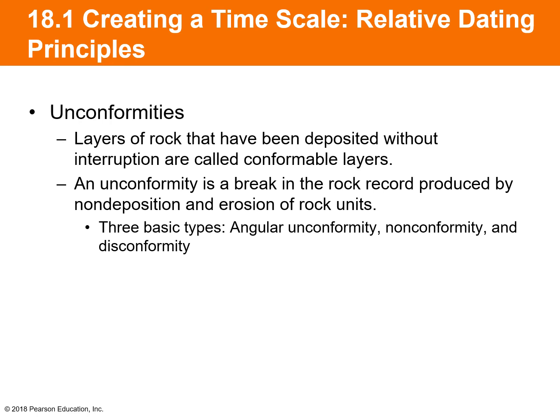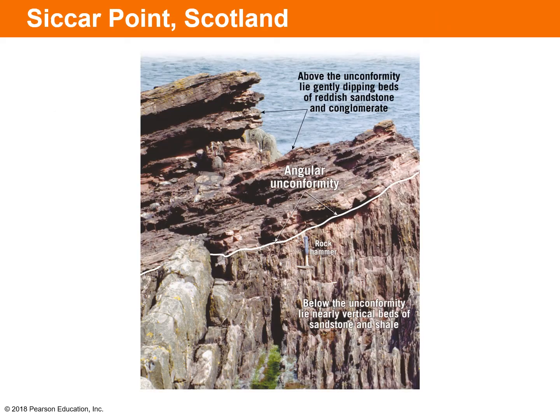There are three basic types of unconformities: an angular unconformity, a nonconformity, and a disconformity. So Siccar Point here in Scotland shows a really good example of an angular unconformity. We can see in this photograph that above the unconformity you have gently dipping beds of reddish sandstone and conglomerate, and below the unconformity you have nearly vertical beds of sandstone and shale.